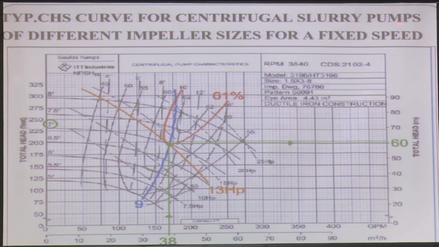Typical characteristic curve for centrifugal pumps of different impeller sizes. Now, the earlier one which I have showed you, these are with different speeds. Now, here it is against a particular speed, but with different impeller diameter. This is also another way of expressing the pump characteristic curves. It is a typical water pump, very high speed, all right.